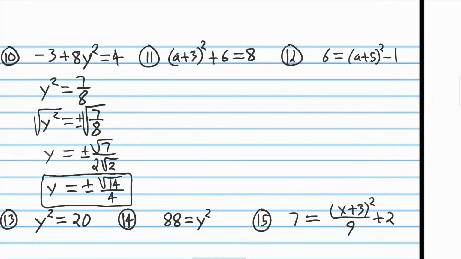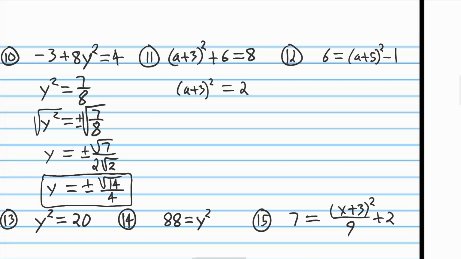We're going to isolate the square as usual. So to isolate the square, and this is the square, we're going to get rid of this 6. So we're going to subtract 6 from both sides. And we get 2, because the 6 disappears, and 8 minus 6 is 2.